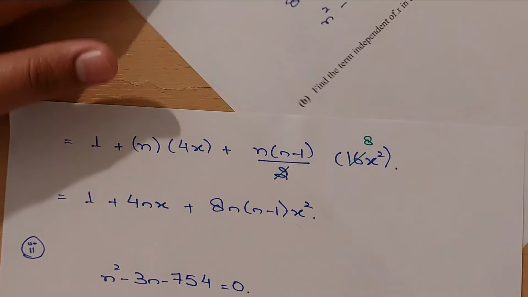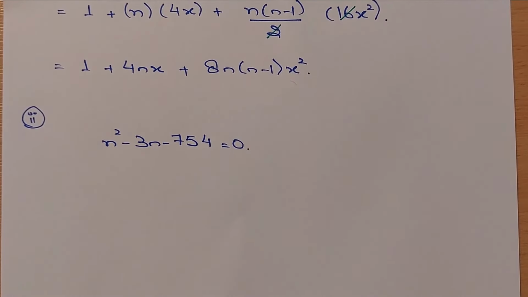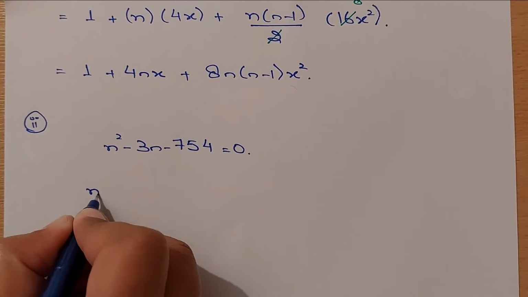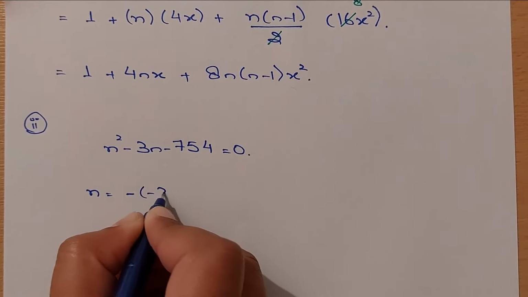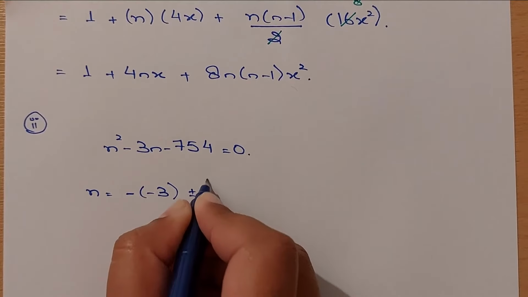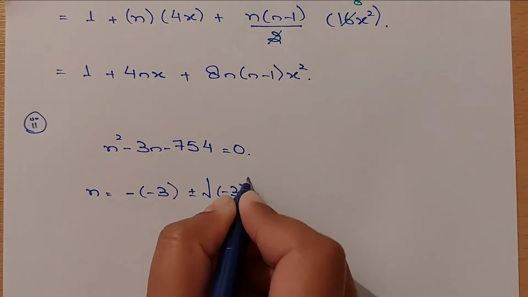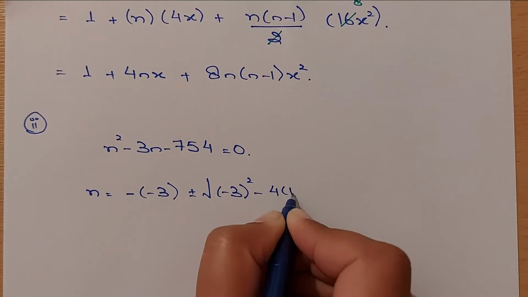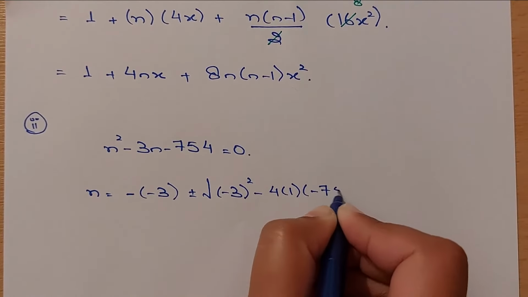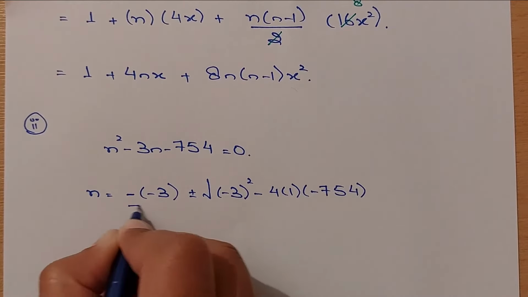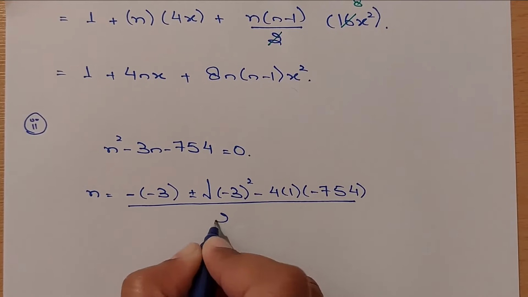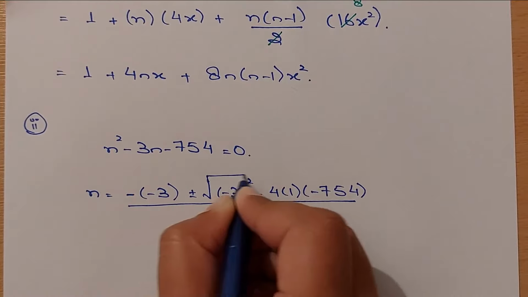Let me solve by using the quadratic formula. So here we have n equals negative b plus minus square root of b square minus 4 times the a value times the c value, divides 2 times the a value.